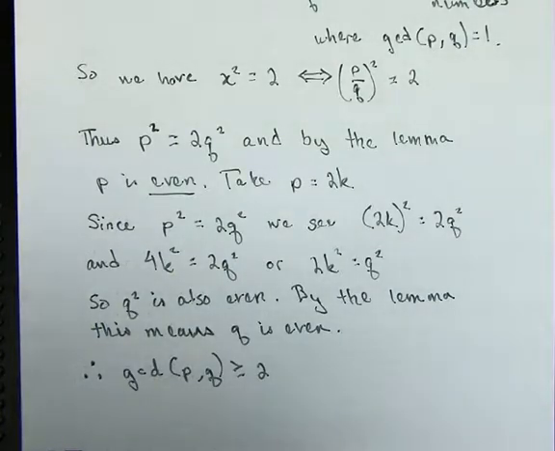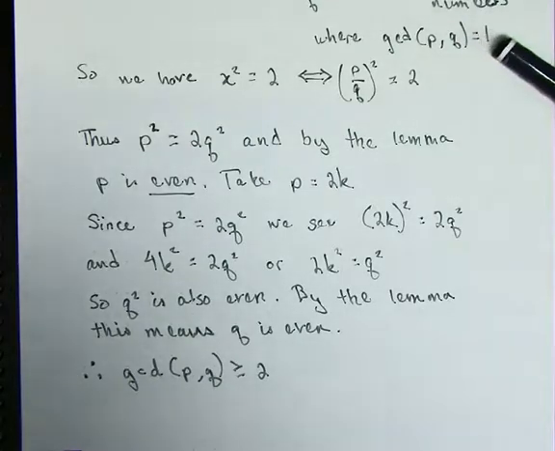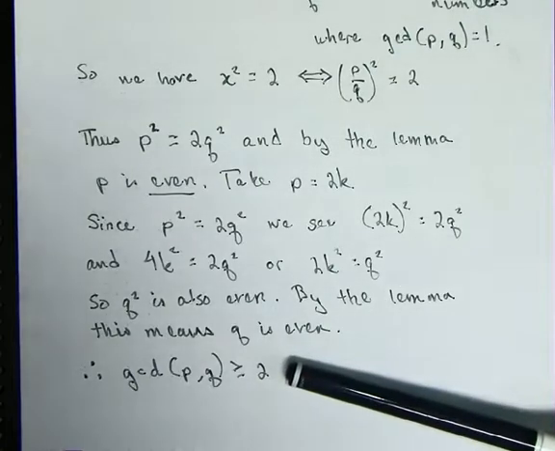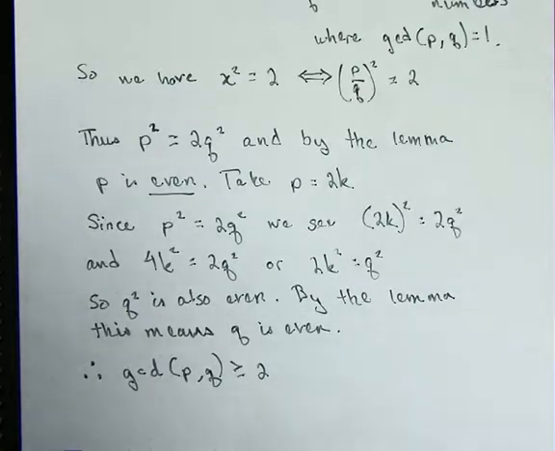Now this is a contradiction. Up here you can see that we can take the GCD of p and q to be equal to 1. So the GCD of p and q is equal to 1, and it is also greater than or equal to 2. You can't have both of those things being true at the same time.